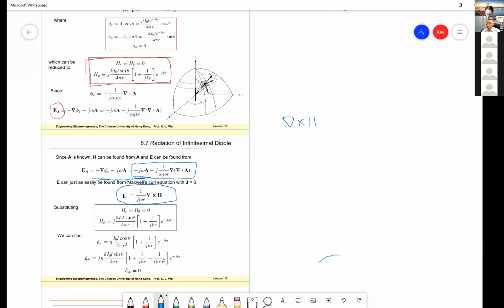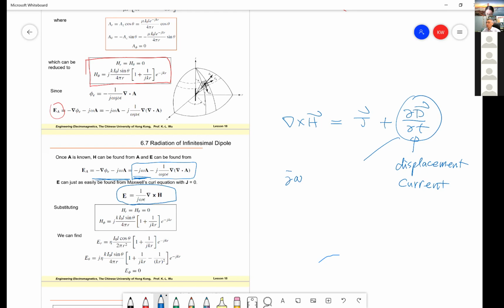So Ampere's law tells us the curl of the magnetic field equals J plus the time varying electric field term. This is the displacement current. How to calculate this in a time varying field: it is j omega epsilon times the electric field.